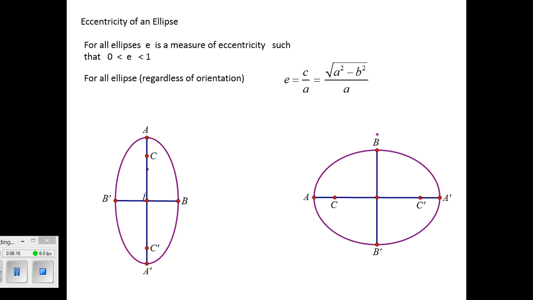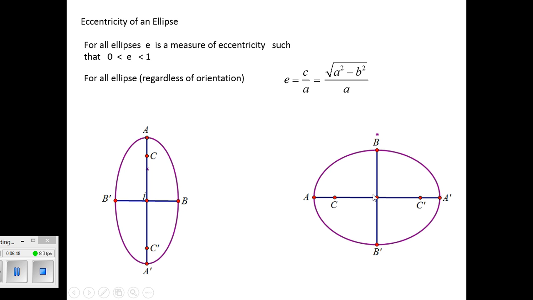The ratio for the eccentricity is simply the focal length, from the center out to the focus, divided by the semi-major axes, divided by A. C over A is the eccentricity.